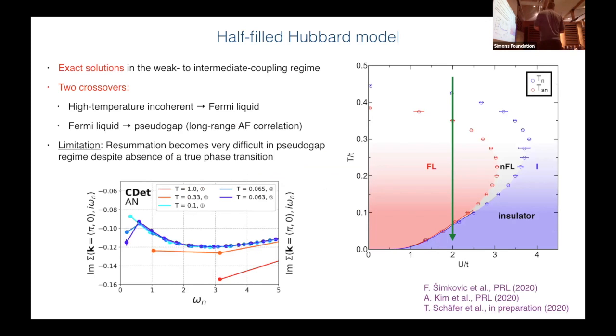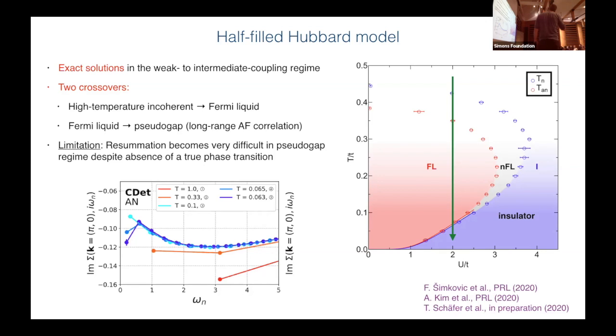So this is the half-filled Hubbard model this time, no t prime, just nearest neighbor hopping. This is a phase diagram in T and U, computed by diagrammatic Monte Carlo. And we see there's a crossover between different regions. Starting from high temperature, I'm in a very incoherent high-temperature insulating regime.